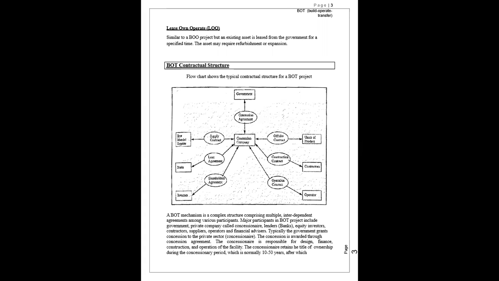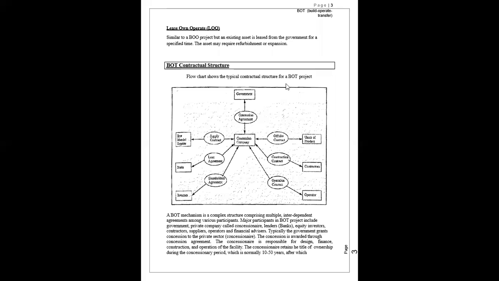Like this, the account statements will be included in that agreement. The concessionaire, the concession company of the private sector, is responsible for design, finance, construct, and operate the facility.